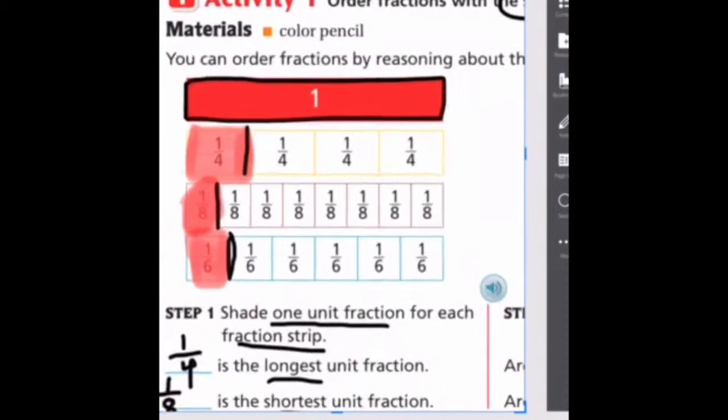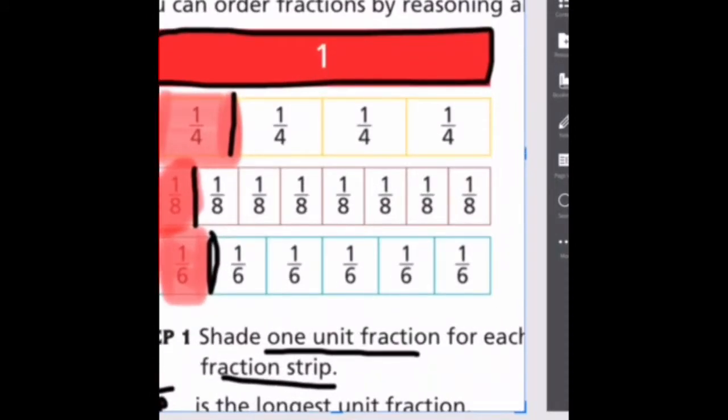So we're just going to shade in 1 more for each one. I'm going to change my color here to yellow, and I'm going to shade in 1/4. There's 1/4, and I'm going to shade in 1/8 and 1/6.